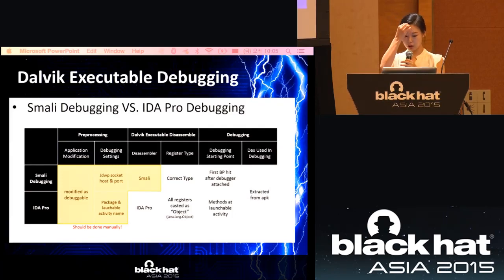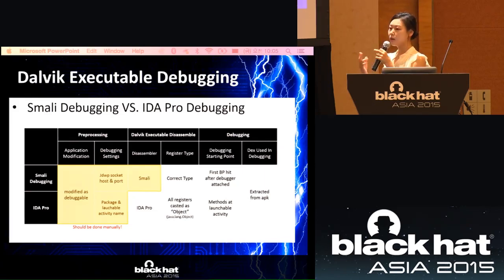I will explain more later about register types, but Smali debugging gives the correct type of registers. IDA Pro casts every register as object. So for some registers which cannot be cast as objects, such as primitive types, it gives a bad fault error.